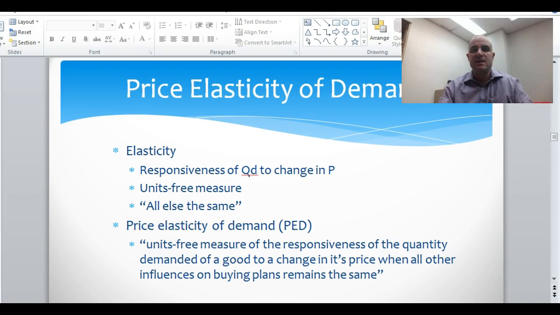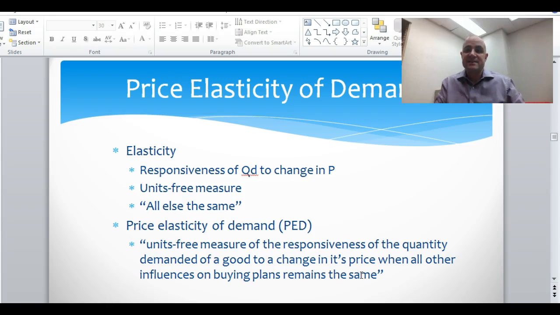The all else the same, that's kind of the standard we use in economics. It says no other factors are influencing it. So the formal definition of price elasticity of demand is here. The price elasticity of demand is a units-free measure of the responsiveness of the quantity demanded of a good to a change in its price when all other influences on buying plans remain the same.